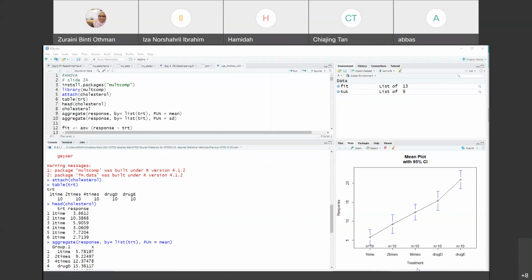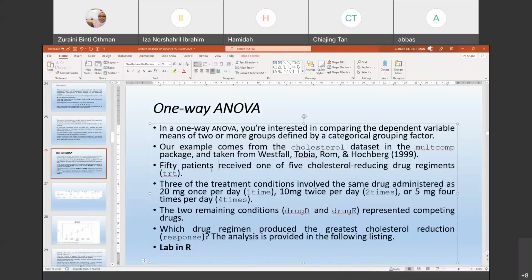Okay, for one, this is the output. As you can see, just now in our slide, we mentioned that we have the TRT, which is we have 50 patients receive 1 of 5 cholesterol reducing drug. Okay, then for the first line, we want to know the group of that particular sample.